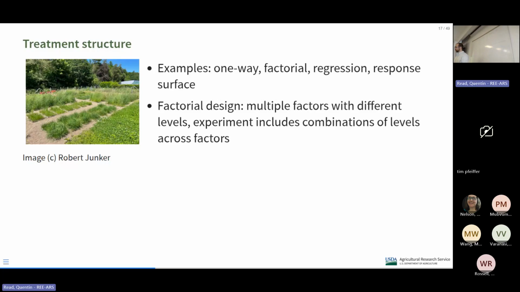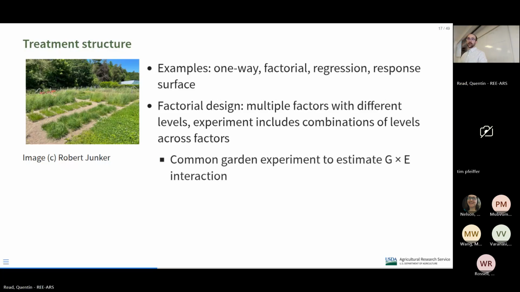You could have a fertilization treatment with multiple levels and an irrigation treatment with multiple levels, and then cross that. So different plots each get a combination of the two factors. And G by E interaction, obviously that's very common, factorial is set up to look at interactions between the factors.